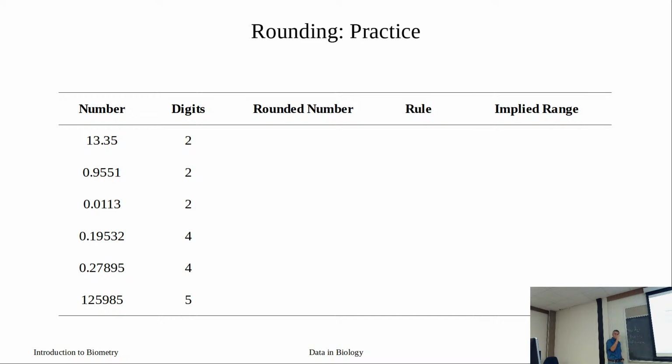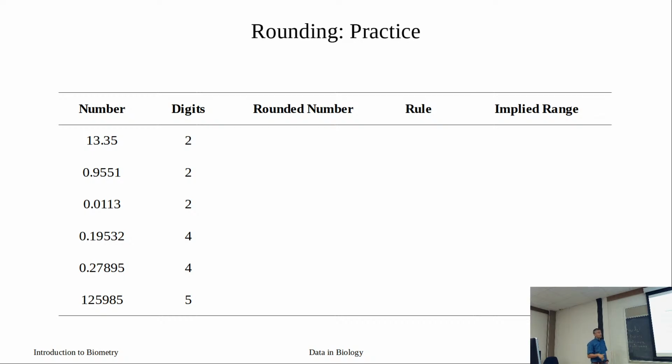So we're slightly above 5, which means we're going to round up. Next, 0.0113. We're going to go to that digit. So you've done this before. Hopefully it's easy.